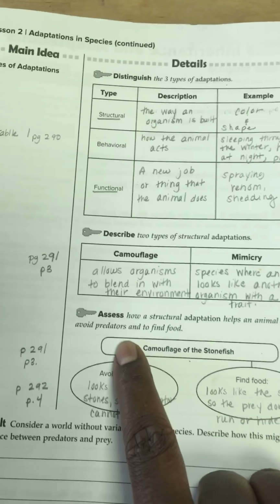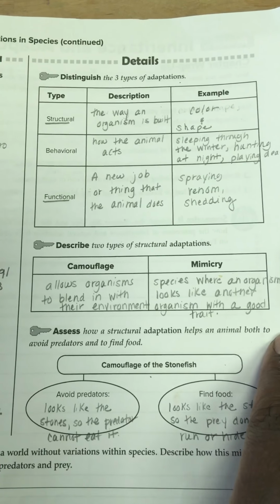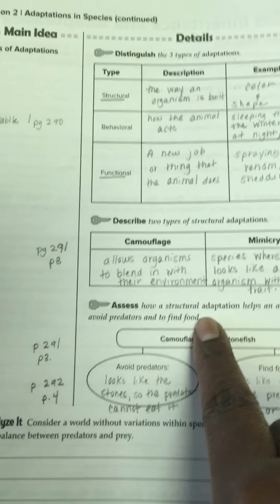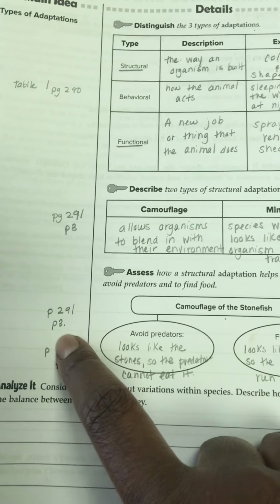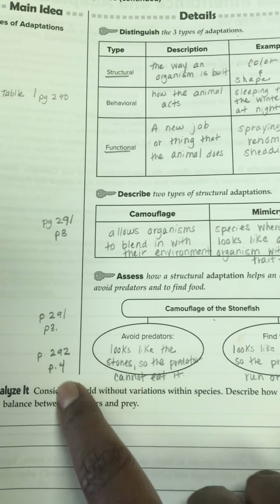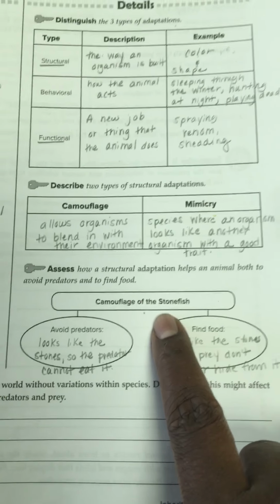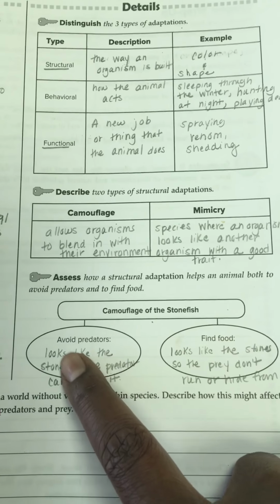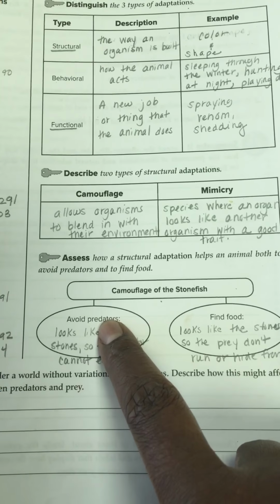Okay. The last one was assess how a structural adaptation helps an animal both to avoid predators and find food. So Miss Natasha found these answers on page 291, paragraph 3, and page 292, paragraph 4. So the stonefish, you had to be really specific here. You couldn't just write stay away from predators. Avoid predators means to stay away from predators.